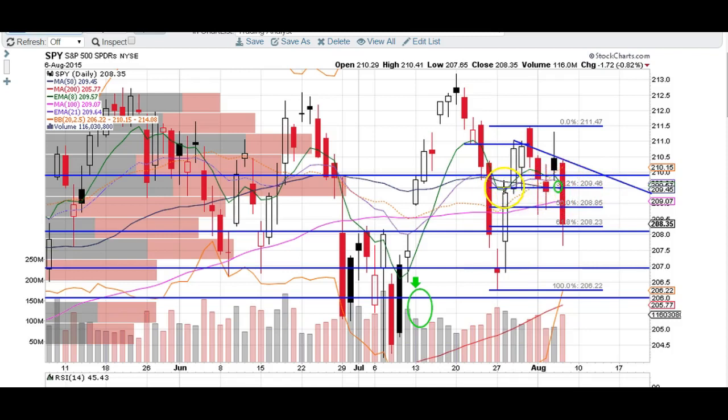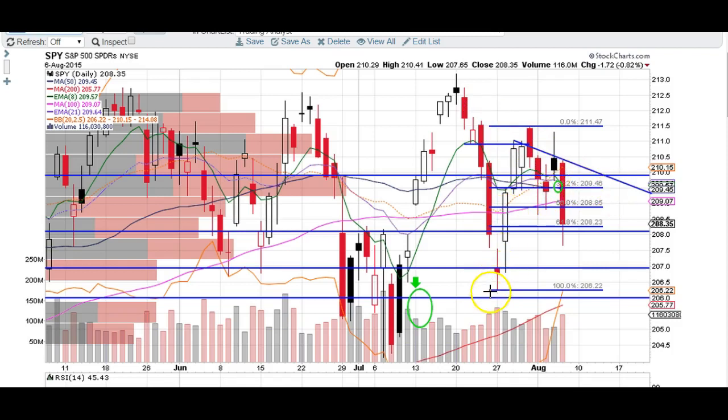As you can see, we've got the highs of this day right here, the lows of this day, the lows of this day, and the close of this day right here, and the lows of this day almost went down to 209.50. So it's an important level, and it's also a Fibonacci retracement level.